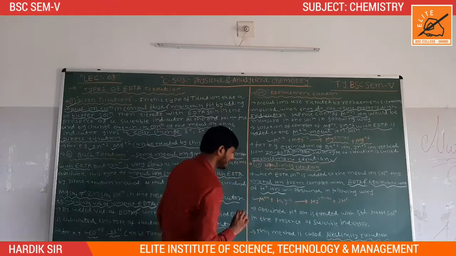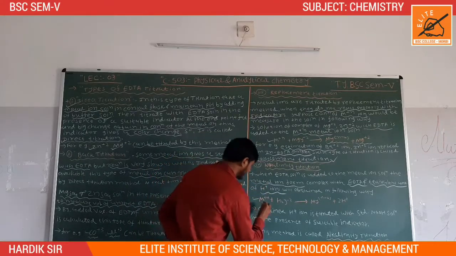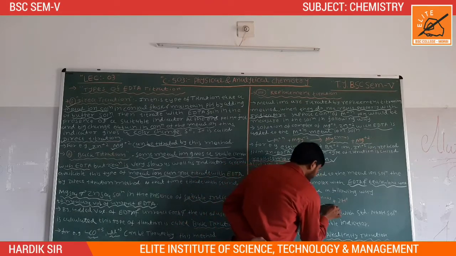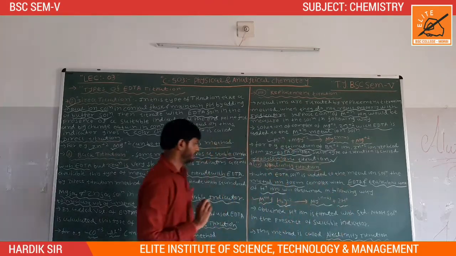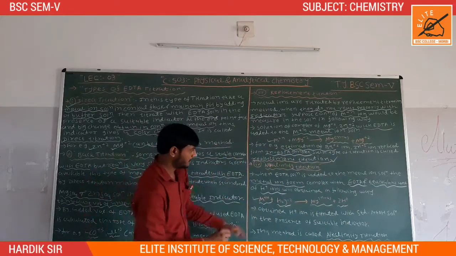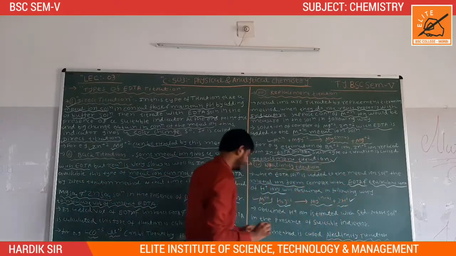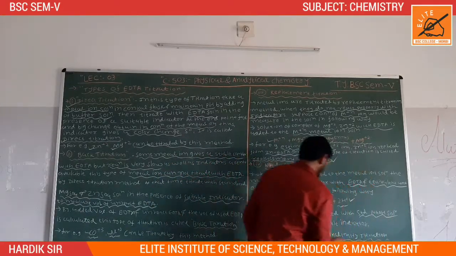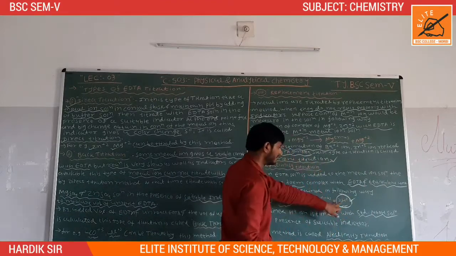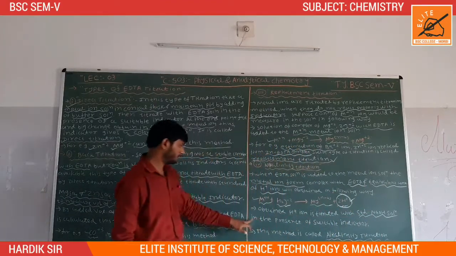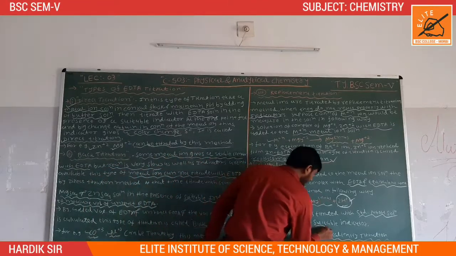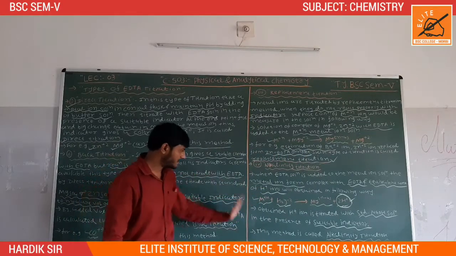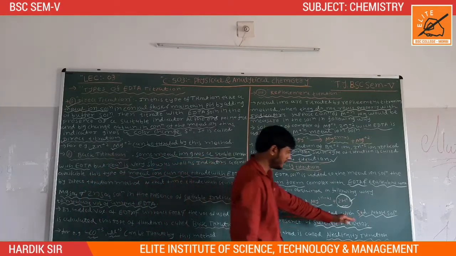This is the basic reaction of an alkalimetric titration: M plus n reacts with H2Y minus 2 to give MY n minus 4 and 2H plus ions. The H plus ion obtained is titrated with the standard NaOH solution in the presence of a suitable indicator. So this method is called the alkalimetric titration.